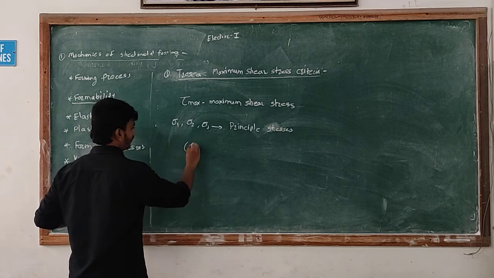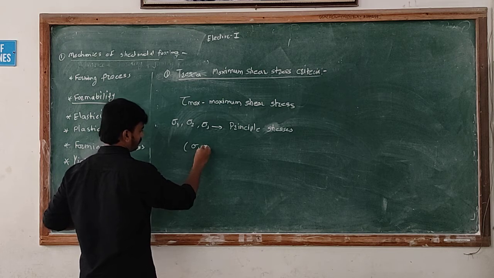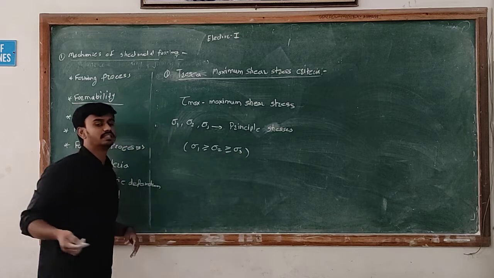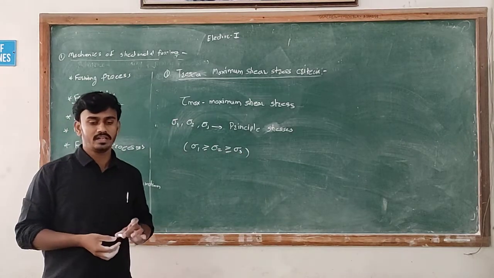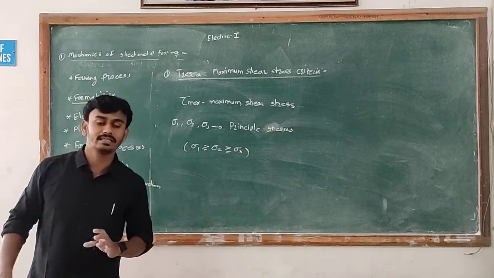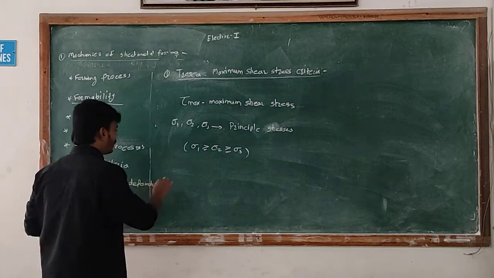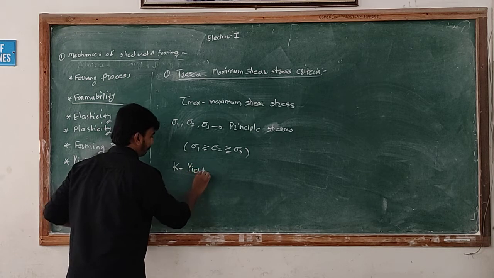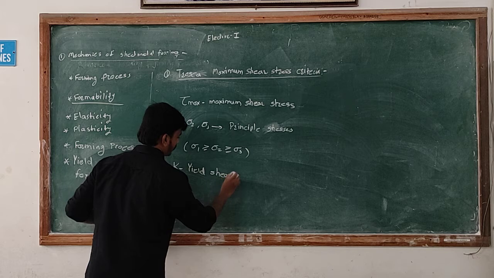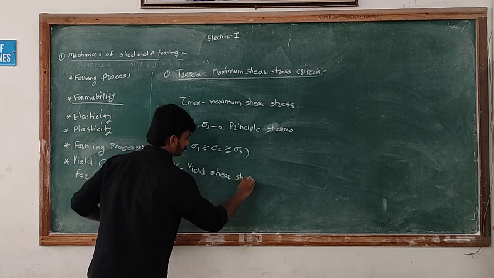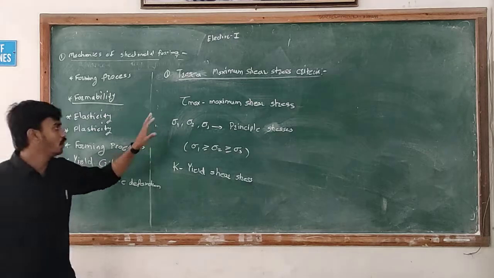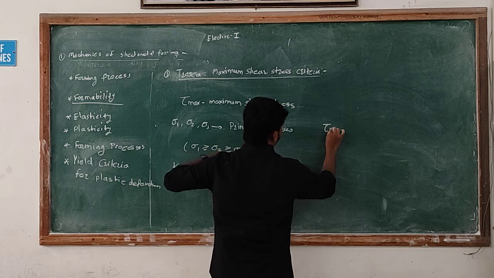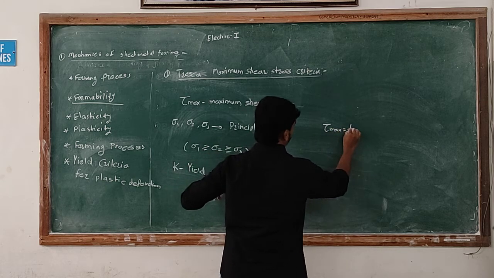And here the condition is that sigma 1 is greater than sigma 2, which is greater than sigma 3, and we will consider here K is the yield shear stress.